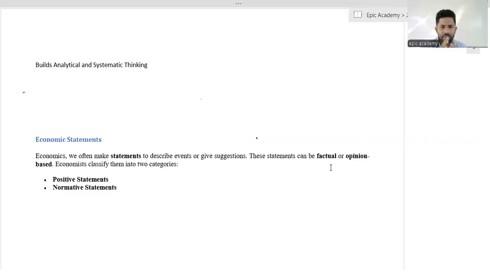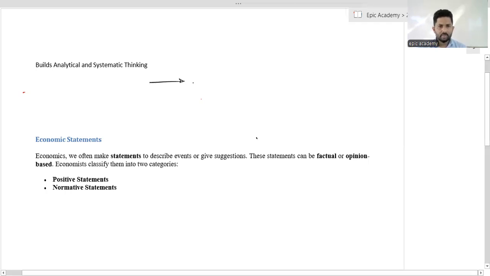So then based on that concept, we are going to divide all those statements into two categories. So what kind of statements are there? First one is the actual situation. If you are going to describe actual situations in the economy as a concept or as a statement, we call it a positive statement.